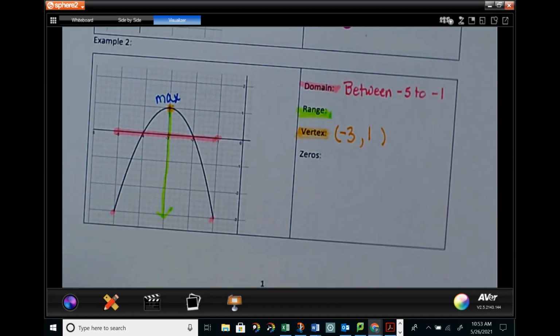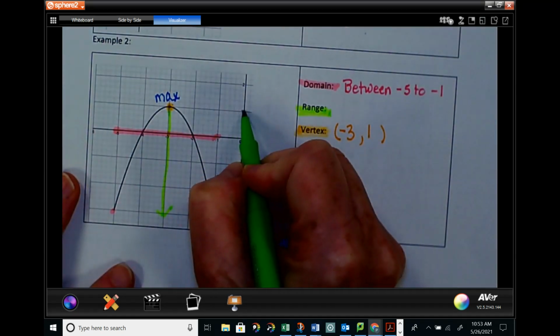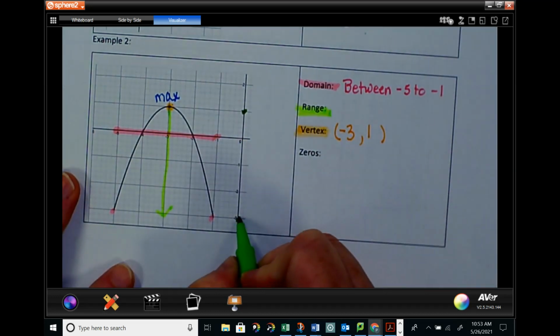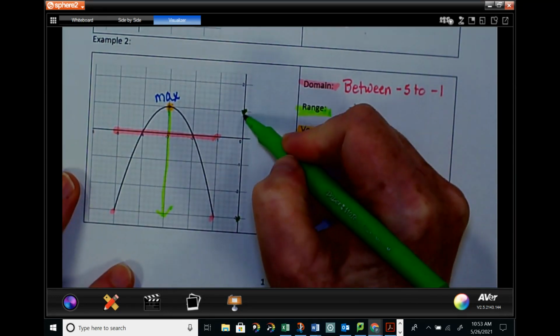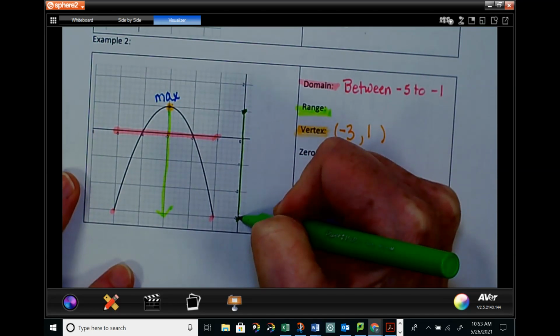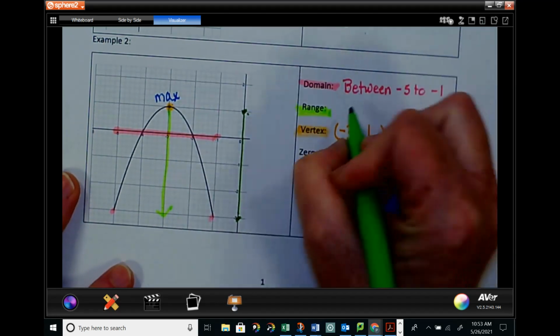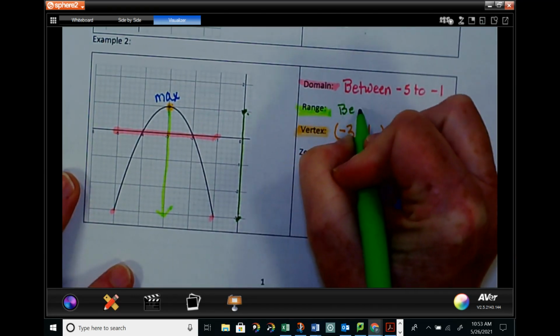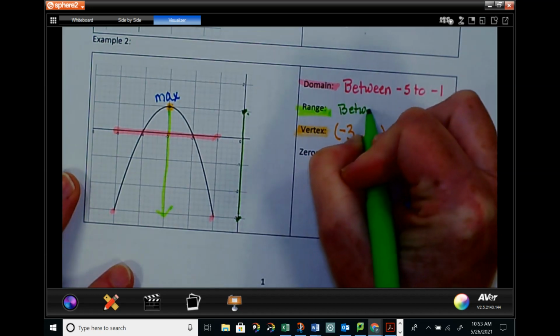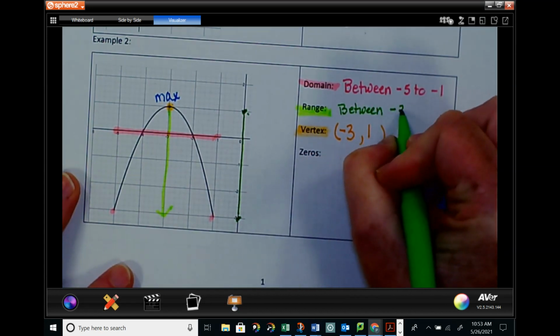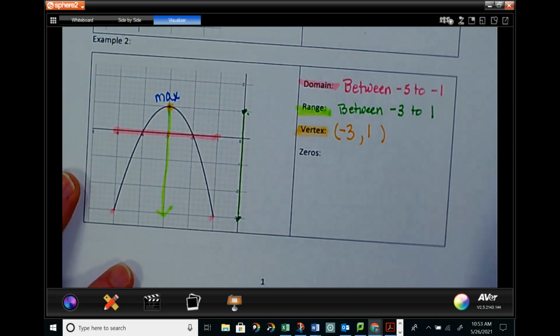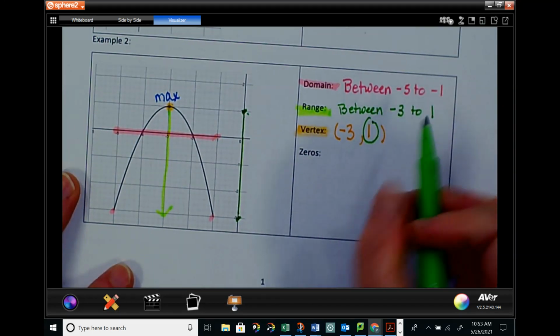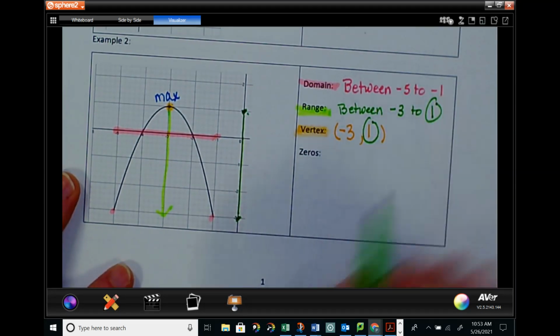So we're going back to our range. I'm going to take these and put them over on my y-axis. I'm going all the way from -3 up to 1, so between -3 and 1. And if you notice, there's a 1 there and a 1 there.